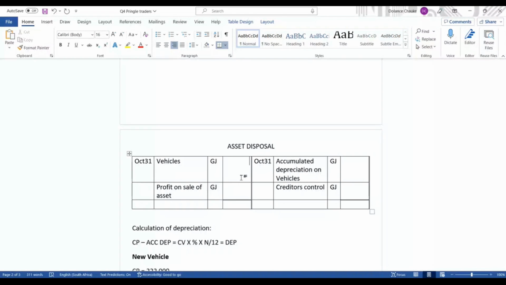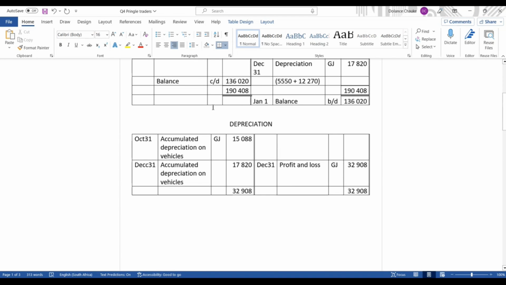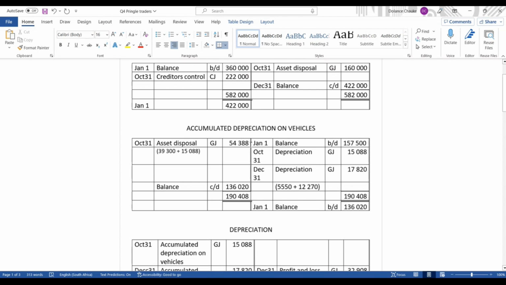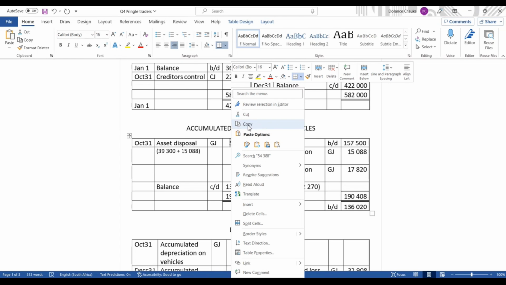So now we are preparing asset disposal. On the debit side, where you see vehicles, you have to put the 160,000, which is the cost price of the vehicles that we sold, that we have disposed of or traded in, right? And on this side, you have to copy this one. This is your accumulated depreciation. Let me copy it actually.